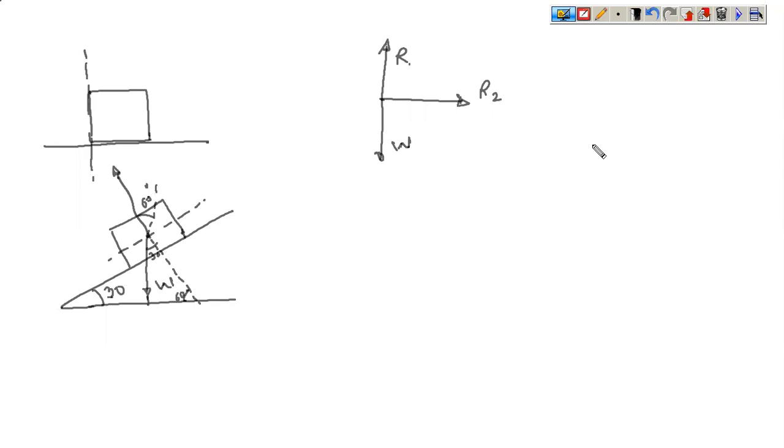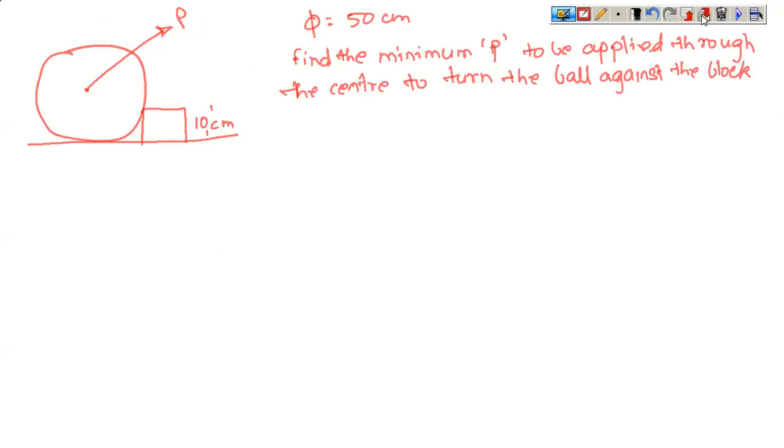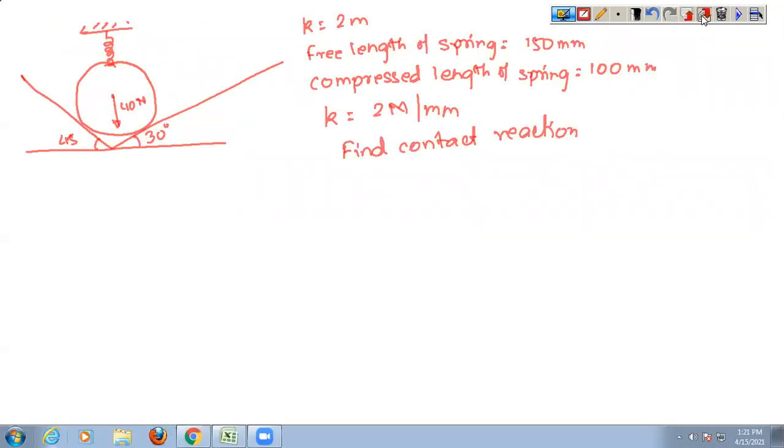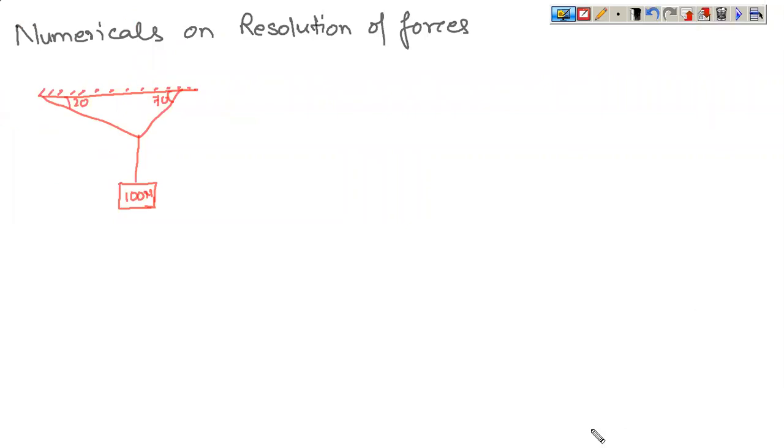Now we will see problems related to reactions, free body diagrams, etc. So this is the first type of problem, where some weight is hanging from this point, and you need to find the tensions in these two strings.